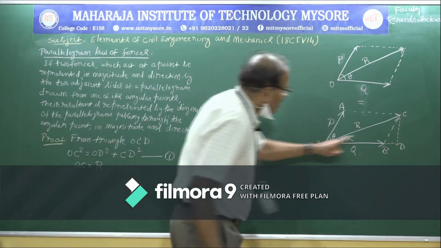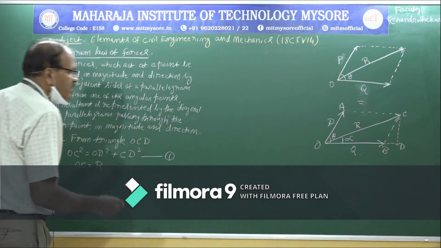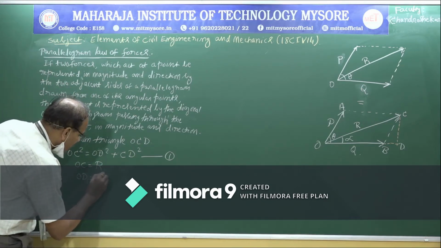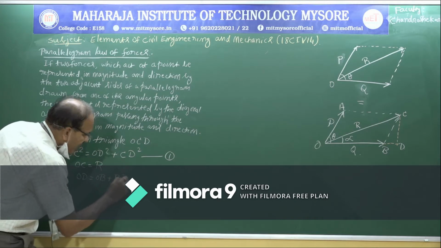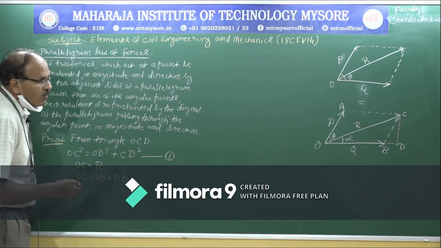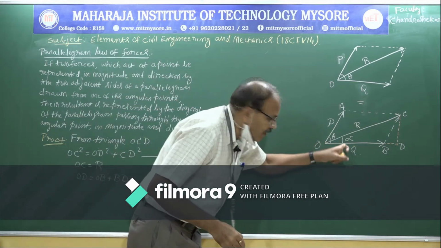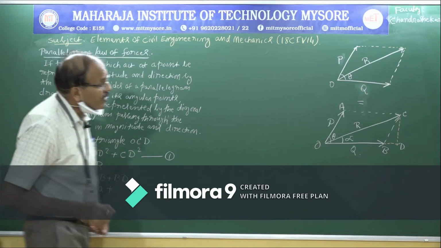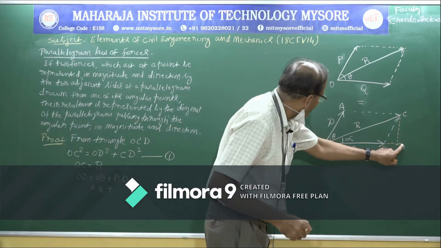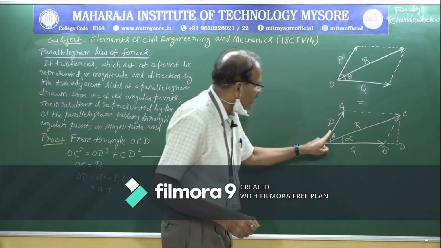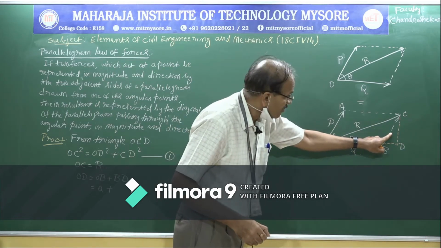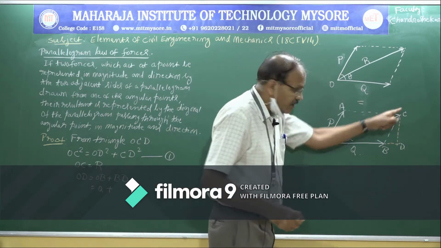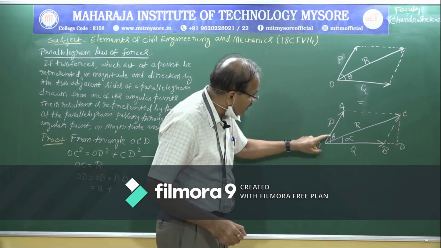So here OD is equal to OB plus BD. What is OB? OB is nothing but Q, that is Q plus what is BD? BD, if you look here, this is parallel to this. So this is the common line between these two parallel lines. So this is theta.